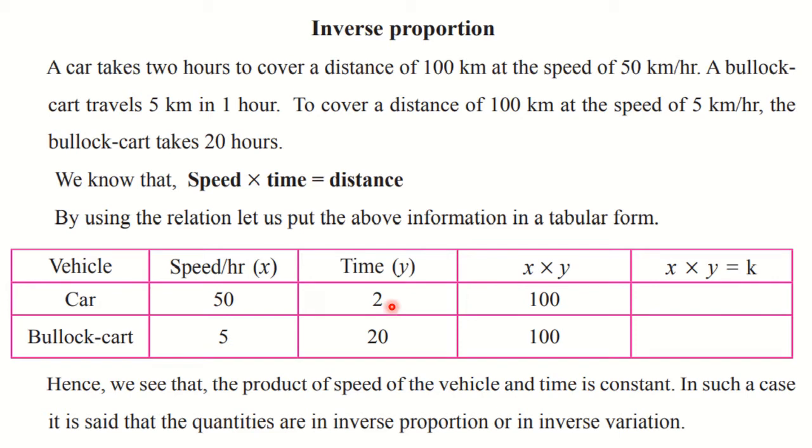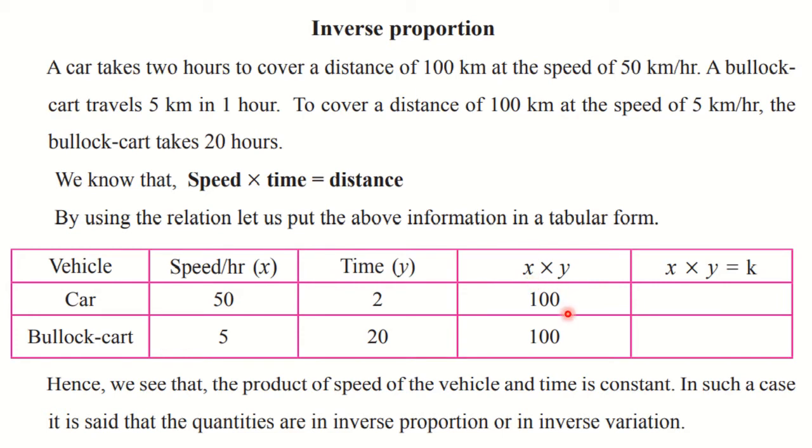Time taken here is 2 hours and here is 20 hours. If we divide, 50 divided by 5 is 10, and 2 divided by 20 is 1 upon 10, so the ratio is not the same here. Instead you will find that 50 into 2 is 100 and 5 into 20 is also 100.